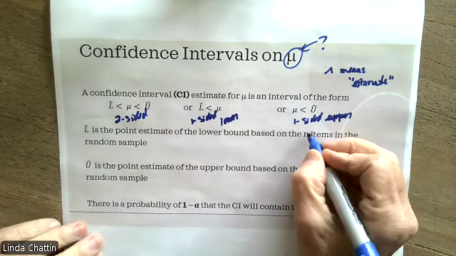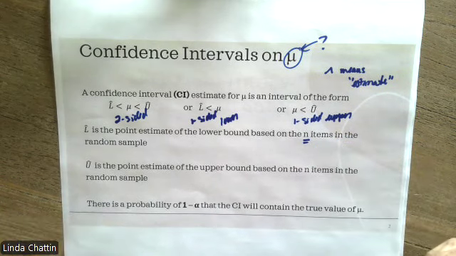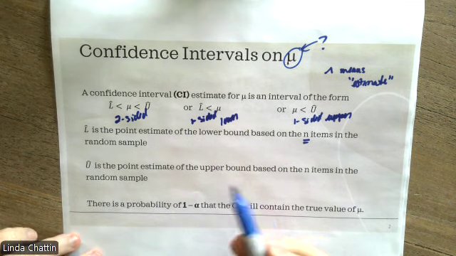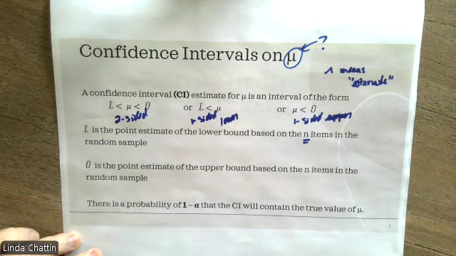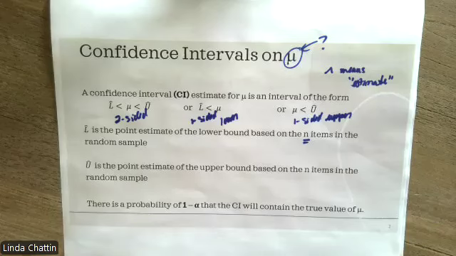And again, what we're going to be doing is basing it on a sample of lowercase n, that's the number of items in the sample, and again, these are just estimates. Now, when we get these upper and lower bounds, we're going to be able to say that they are a certain percentage confidence interval.